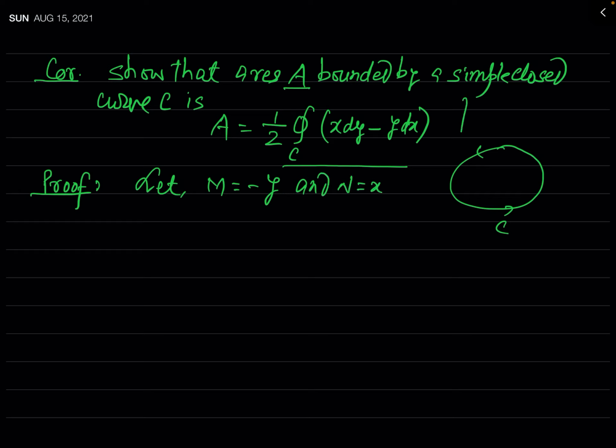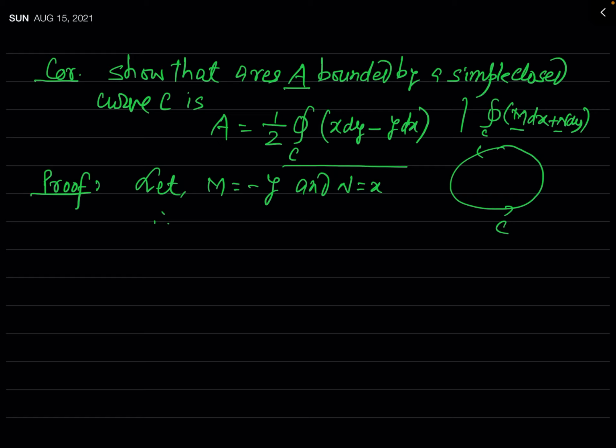You can compare, because in Green's theorem the term is M dx plus N dy. So when you compare it with this, in the place of M there is minus y and in the place of N there is x. So I have supposed that M is equal to minus y and N equal to x.